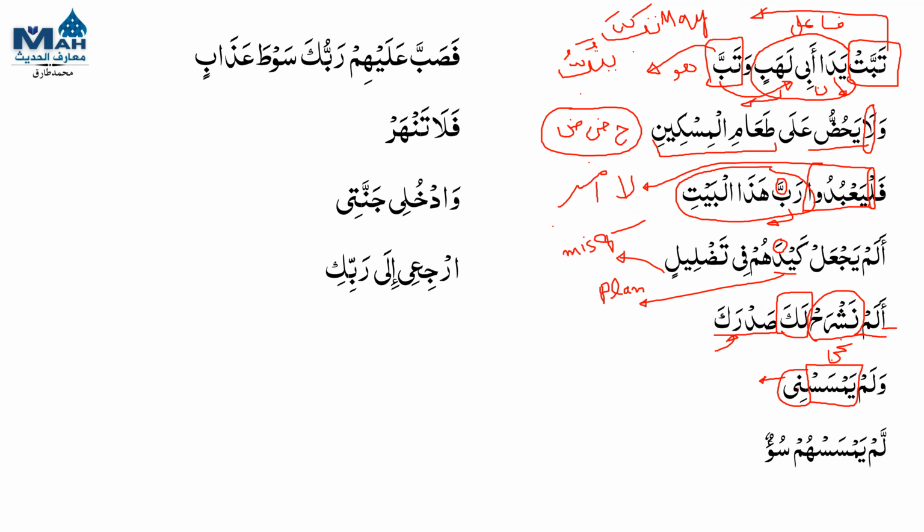It's مفعول. Very good. What is the file of yamsas? هو. So what does it mean? Translate. Walam yamsasni. And never has touched me. He did not touch me. He never touched me or he did not touch me.